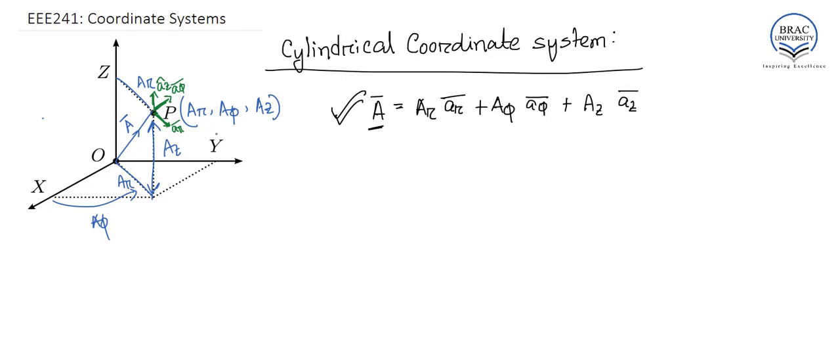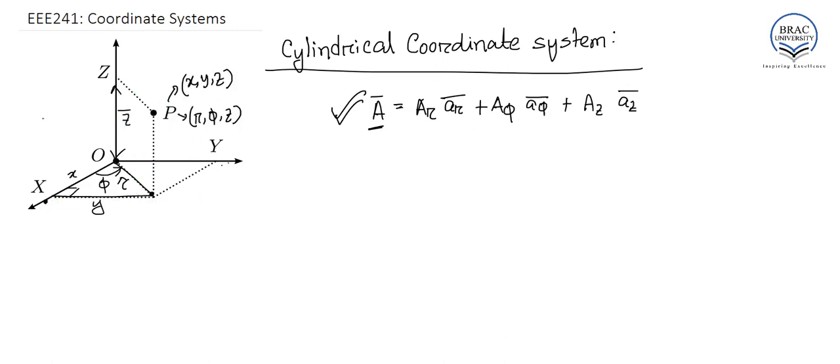If given cylindrical coordinates, we should be able to convert them to the equivalent Cartesian notation or vice versa. Let's take the position of P in the Cartesian system as x, y, z, and in the cylindrical system as r, phi, and z.